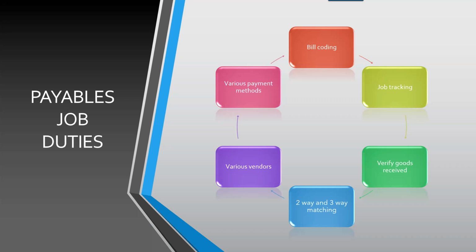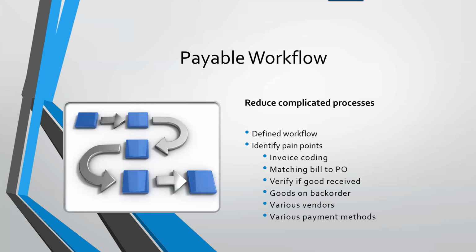If you are working with a client who just has a high volume of payables, but they don't so much have these 2- and 3-way matching, and they don't have as many POs, that's going to simplify your process. But maybe you just have a high volume and you need some help with creating a solution and workflow. But there's other people out there who really have very complicated payables processing, and so you need to make sure that everybody is clear on what their duties are and that they've got a very defined workflow.